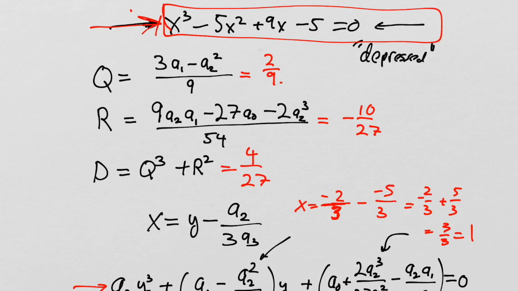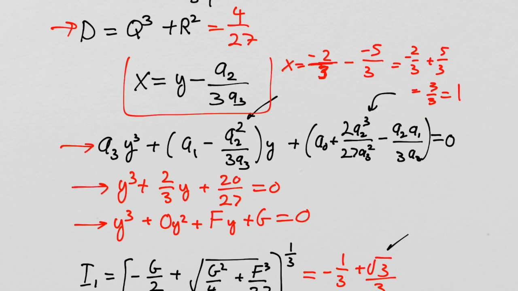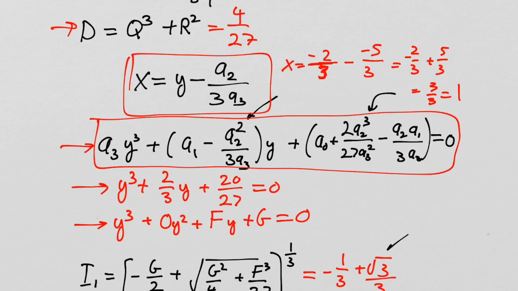We looked at this cubic, we checked Q, we checked R, we checked the discriminant. We found that the discriminant implied that there was a complex pair of roots. Once we did that, we said, okay, it's time to convert it to a depressed form, using these formulas, which are kind of a mess to derive, but you can go through the analysis of the cubic equation and see how it's done.